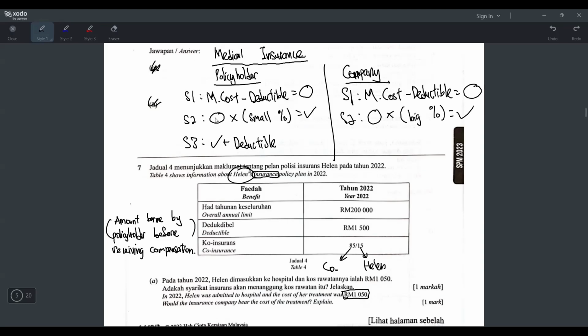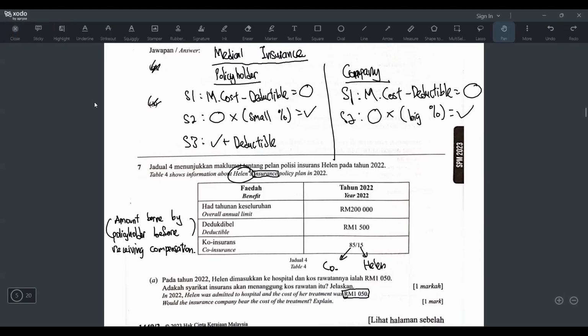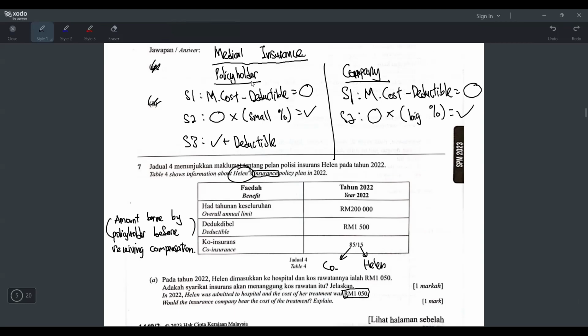Okay, so remember this. So now we can baca the soalan. Right? So the soalan asking, Helen was admitted to hospital and the cost of treatment is 1050. Okay, this is the medical bill ataupun the medical cost. And then they say, would the insurance company bear the cost of the treatment? Explain. Okay, just now I mentioned, right, there is two, you need to hafal these two.